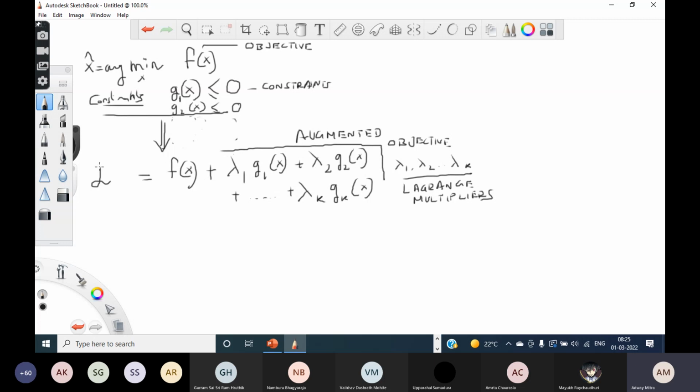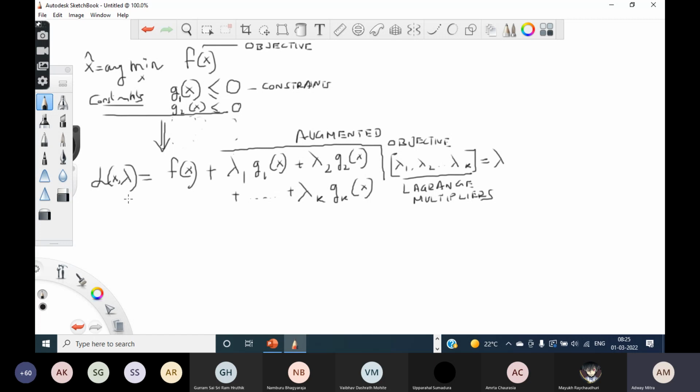So the augmented objective is a function of not only x but also of lambda, where lambda is the collection of all these lambda k's. So we can consider lambda as a k dimensional vector. The original objective function was only a function of x. The augmented objective is a function of x as well as lambda.